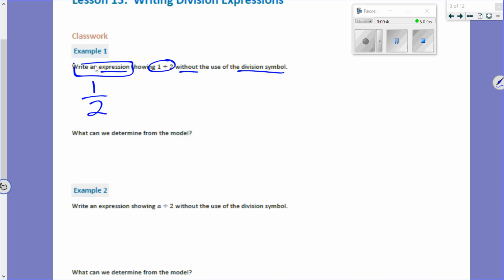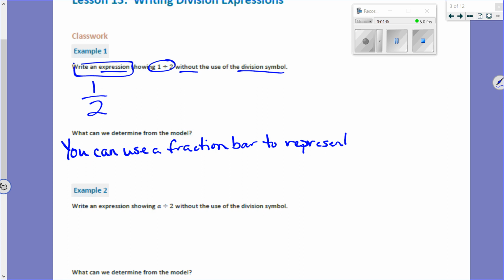So, what can we determine from the model? Solo? That you can use a division bar to represent division without using the division symbol. Okay, I like that. I'm going to use a fraction bar instead of division bar. A fraction bar to represent division.